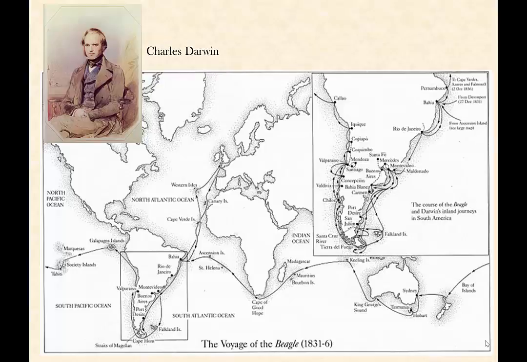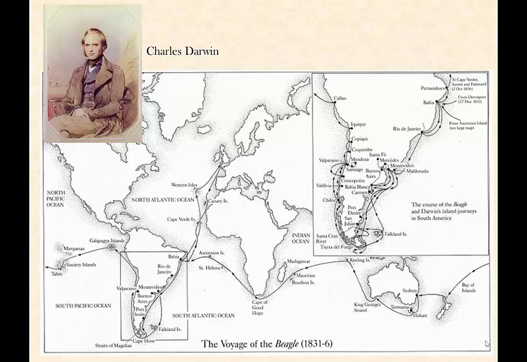So we'll start off with Charles Darwin and the voyage of the Beagle in 1831 to 36. Charles Darwin travelled around the world via the Canaries, down South America, famously to the Galapagos Islands, where he studied the Galapagos finches and the tortoises, all the way around the world through the Society Islands, round to New Zealand, Australia, and back to the United Kingdom.